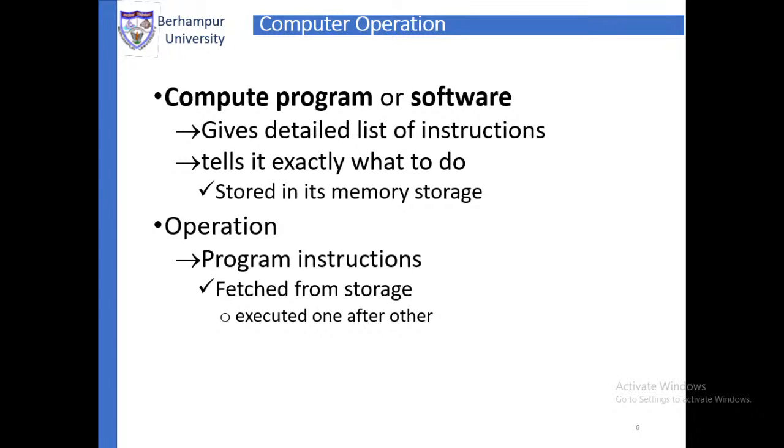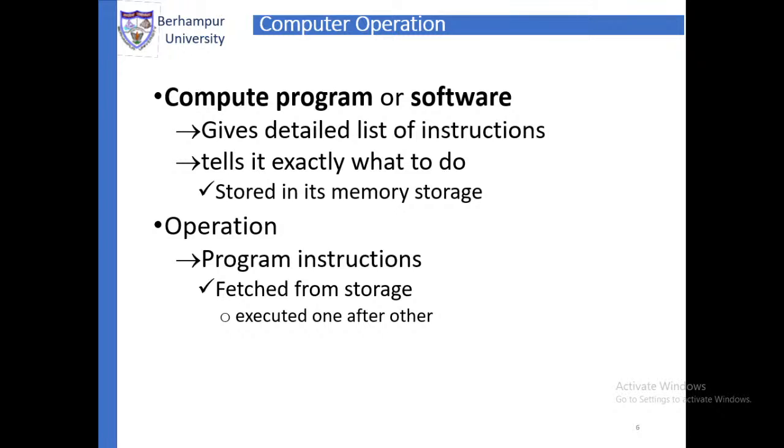If you have an operating system, that gives a detailed list through which the computer will operate, and this list tells exactly what is to be done by the computer. Therefore, this list is executed by the computer. The computer follows this list, and this list is stored in the computer. So the computer stores a program, or a software, which contains a list of instructions. Program and software, these are lists of instructions. These are stored in the computer.